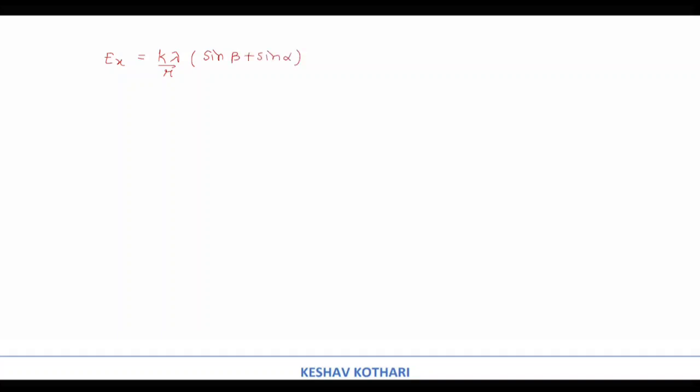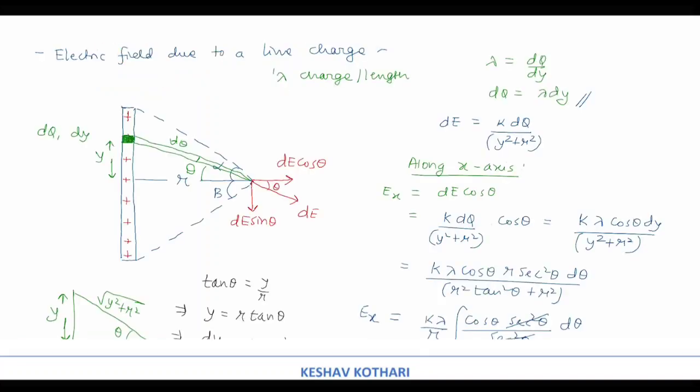So we will obtain an expression like this. If we come back to the previous page, we had this expression which we integrate, putting the limits in terms of alpha and beta, and then we obtained the value k lambda upon r (sine beta plus sine alpha).